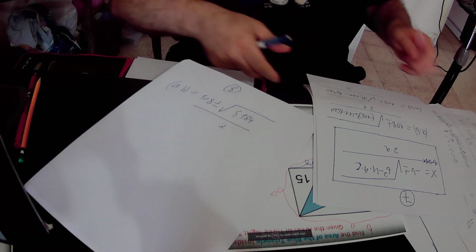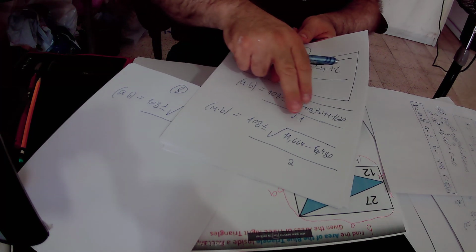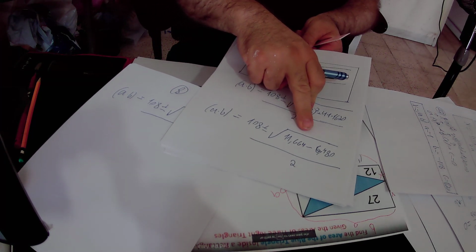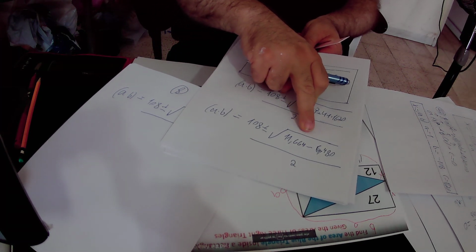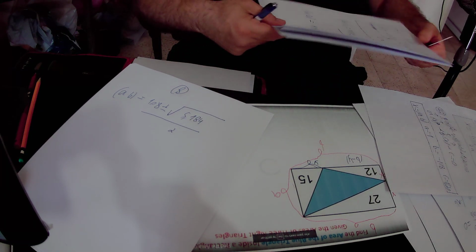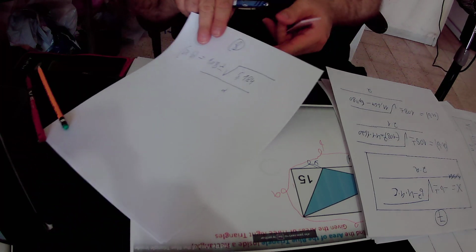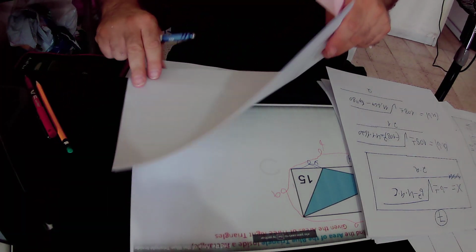So here 11,664 minus 6,480 equals 5,184, and the root of 5,184 is 72.